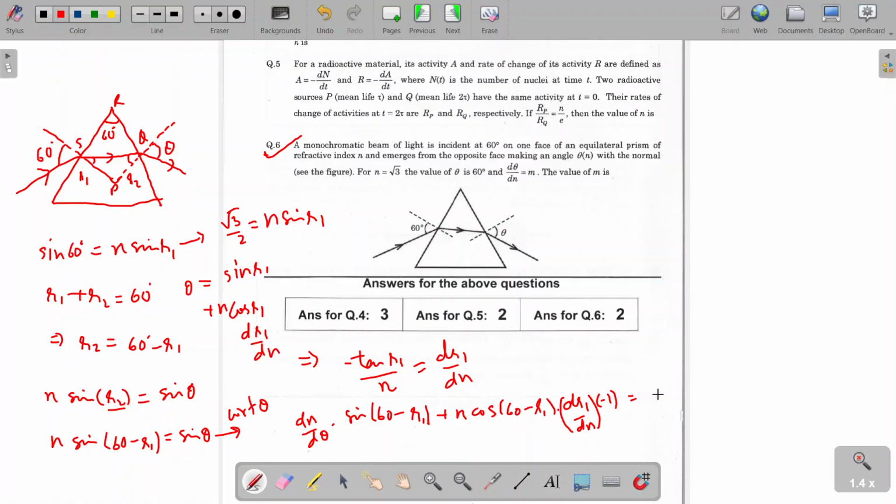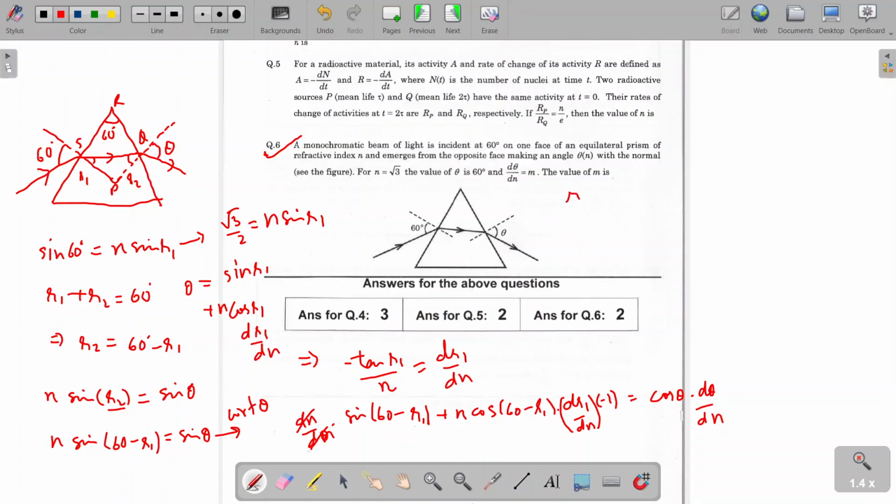This differentiation is equal to cos theta into d theta by dn. Now here we are differentiating with respect to dn, so this dn gets cancelled. In this expression we'll put the values of r1 and n.